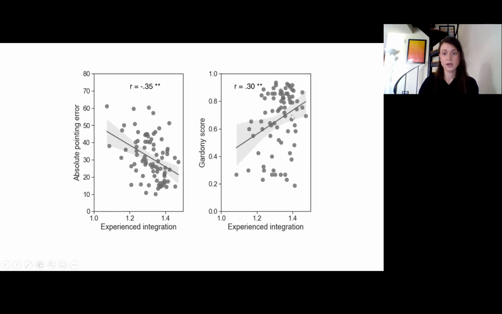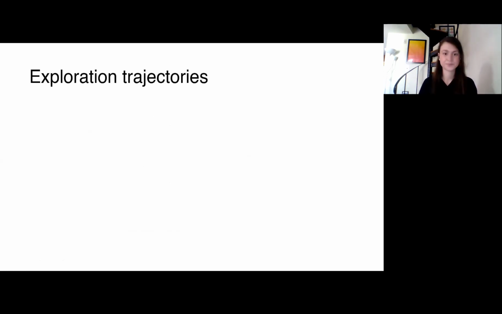The same relationship was observed with these Gardony scores. So here, higher is better. So people who spent more time in these highly integrated areas of the environment had more cohesive, more accurate spatial maps.